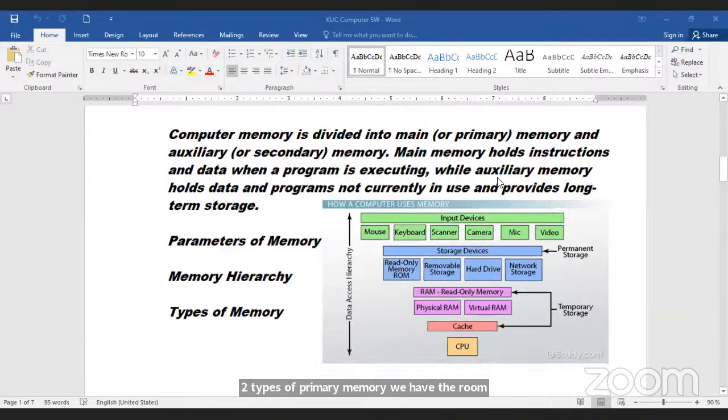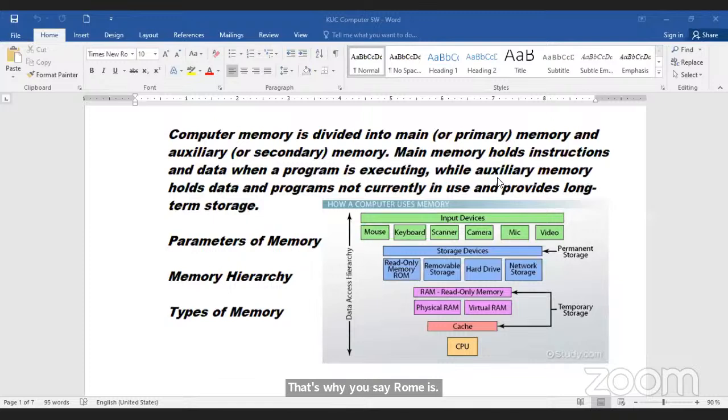We say that ROM is non-volatile. Non-volatile means that the contents are permanently stored, and in case there's a power failure, information is not lost. That's why we say ROM is non-volatile.